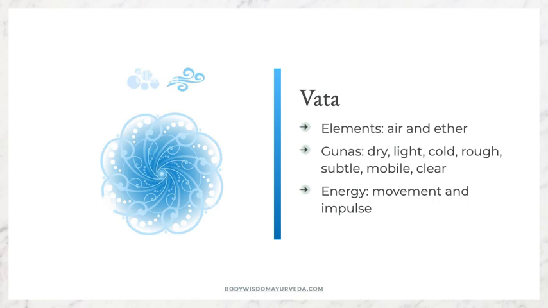In nature, we see Vata in the force of the wind. So the time of year associated with Vata is autumn and early winter, when the weather tends to be dry and cold and windy. The time of day associated with Vata is 2 o'clock to 6 o'clock, and that could be AM or PM.